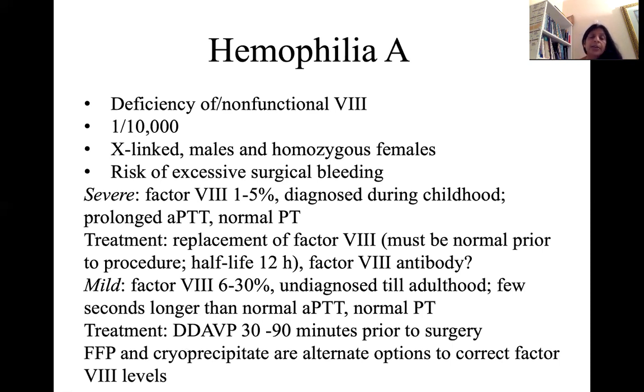All right, here you would give synthetic ADH, desmopressin, DDAVP is how it's abbreviated. That's going to be given a little before surgery. This is for the mild form, right? Fresh frozen plasma and cryoprecipitate are alternatives to factor 8. If factor 8 is not available, you could think about fresh frozen plasma or cryoprecipitate.